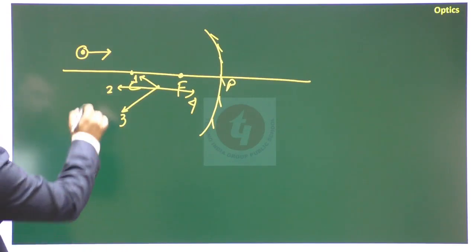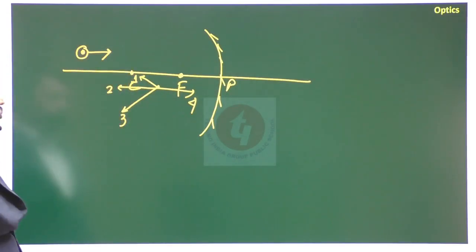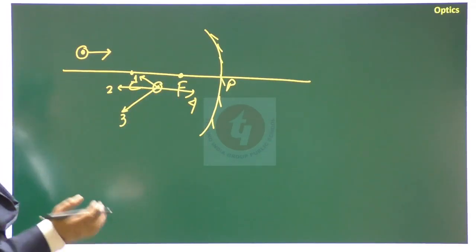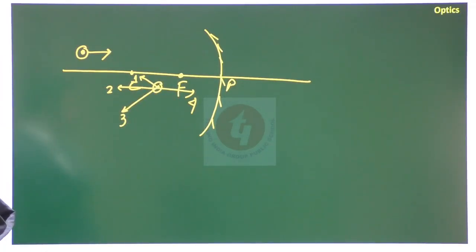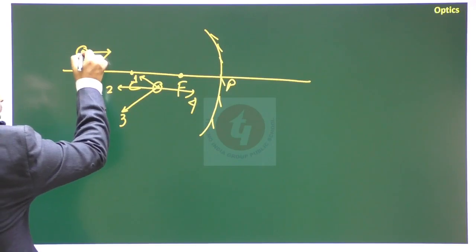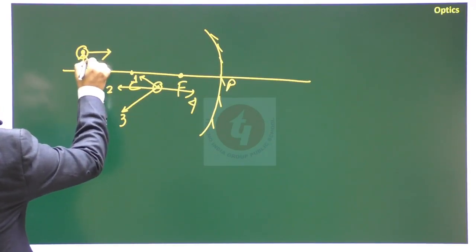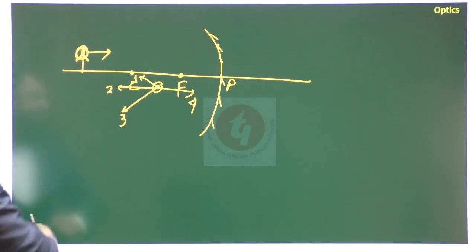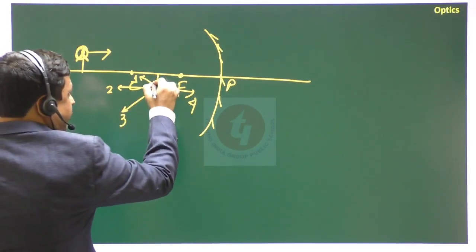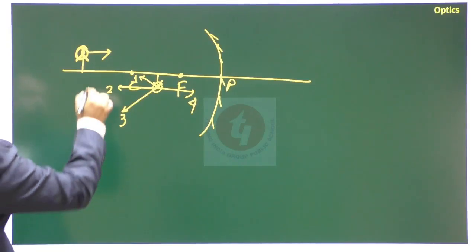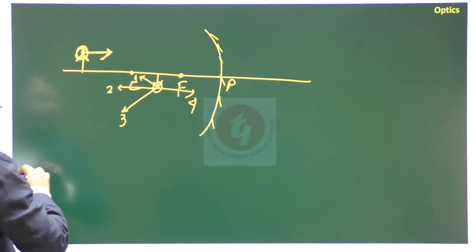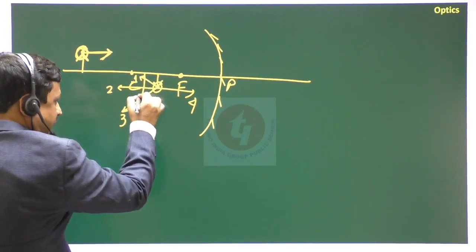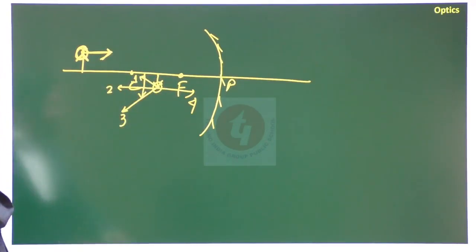First thing, when the object is moved towards the mirror, obviously the image will move away from the mirror. If we treat this as the object, then the image will be like this. When this object moves towards the mirror, obviously the size of the image gradually increases.